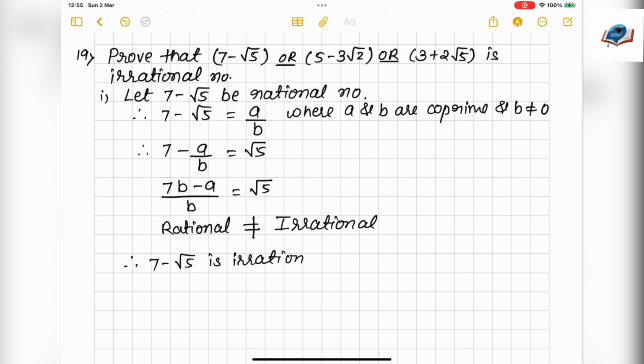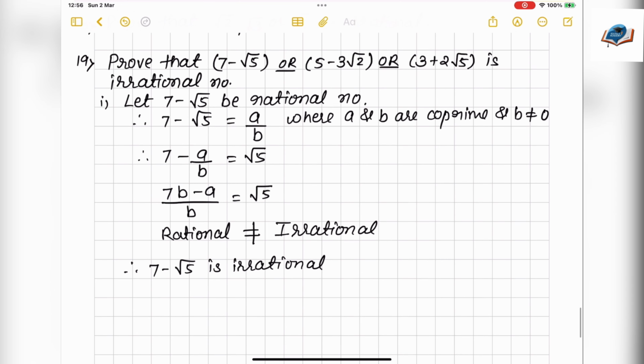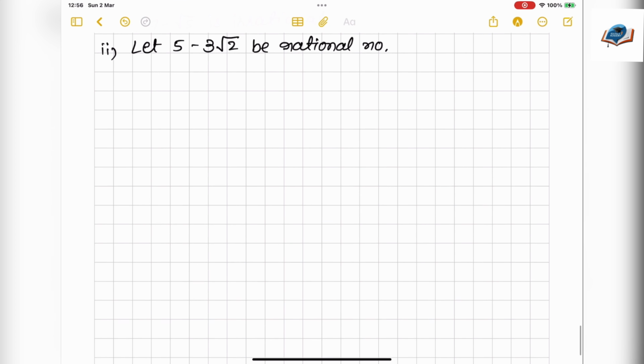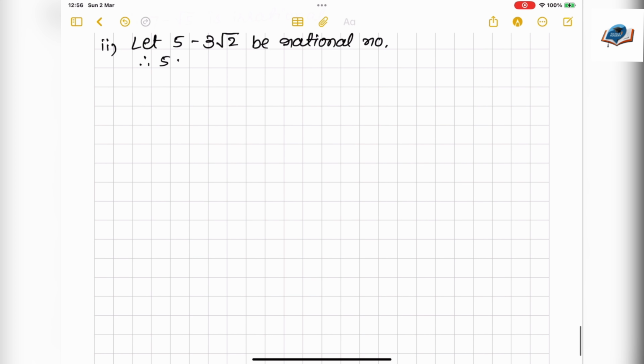Now the second one is 5 minus 3 root 2. Let 5 minus 3 root 2 be a rational number. So therefore 5 minus 3 root 2 will be equal to A upon B, where A and B are coprime and B not equal to 0.